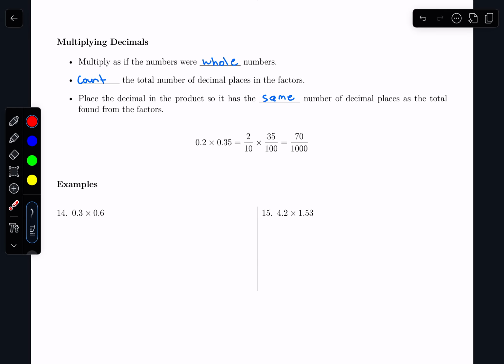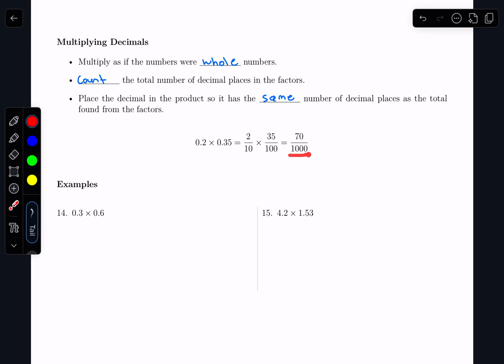Okay, but let's think about what just happened here. The original digits were a 2 and a 35, and on top we're doing 2 times 35. So all we're doing is multiplying those digits as if they were whole numbers. But then we have 1000 on bottom, meaning divide by 1000. Well, why 1000? Well, we have one decimal place in the first number and two decimal places in the second number. So in total, that's three decimal places.